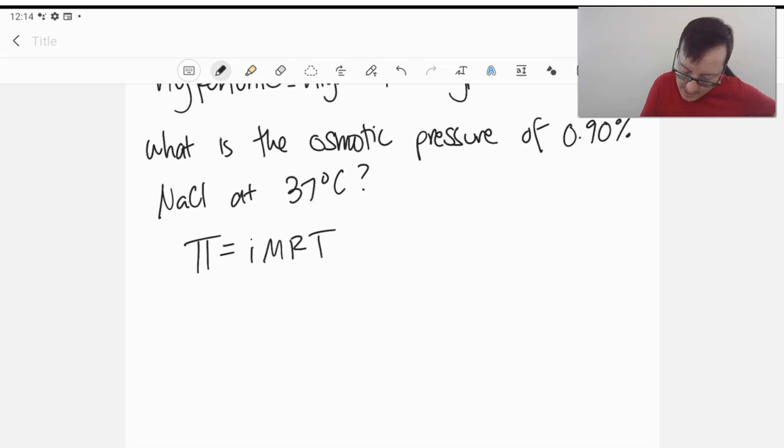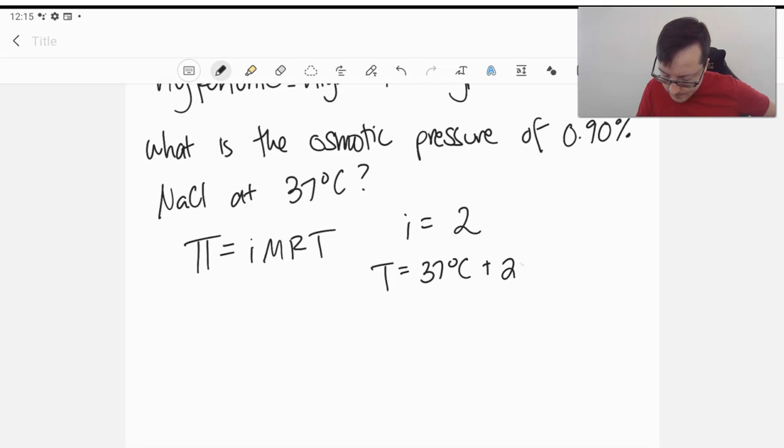For this one, i should be 2, because it's sodium chloride. The molarity we'll calculate in a sec. R we've got. The temperature is going to be 310 Kelvin.